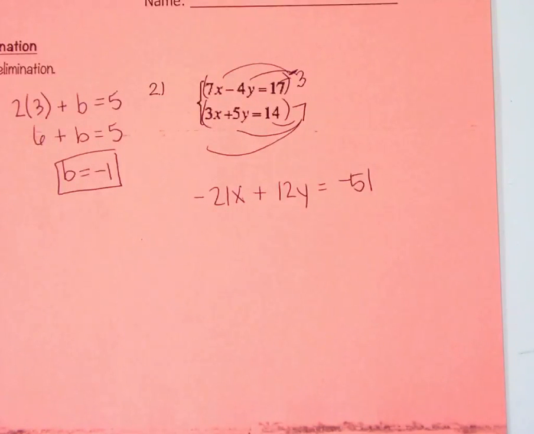Distribute the 7 to the second equation and go from there. And you should not be getting fractions.